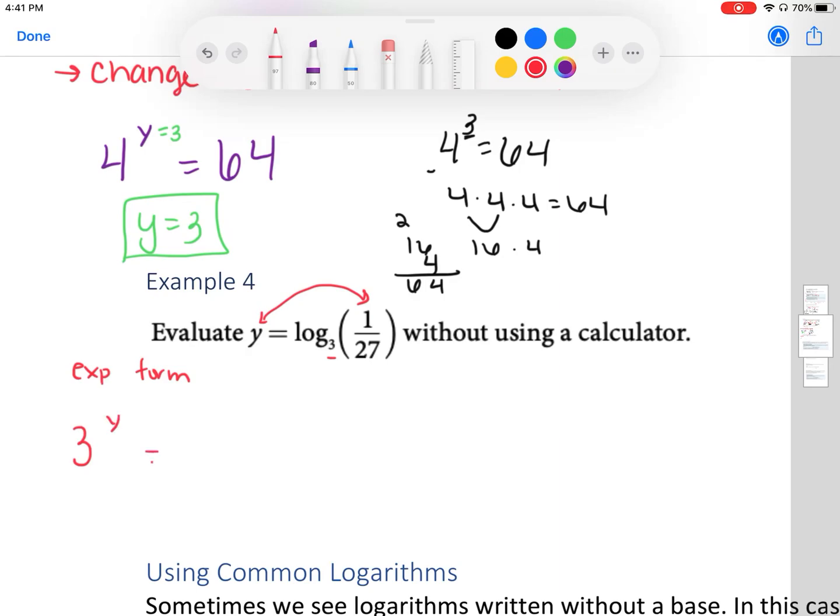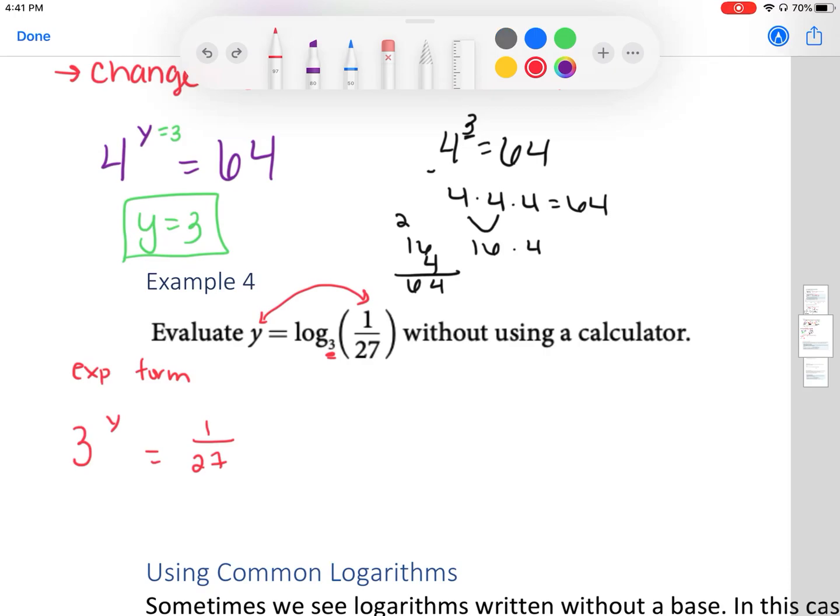So I have 3 to the y equals 1 over 27. Now it doesn't seem like we switched the order here, but we have 3 next to the 127. You would think the 127 goes next to the 3, but you swapped the order there. That's what I meant by swap the order.